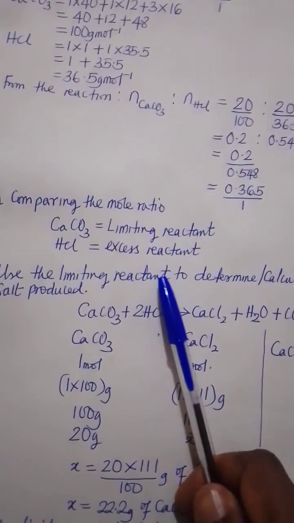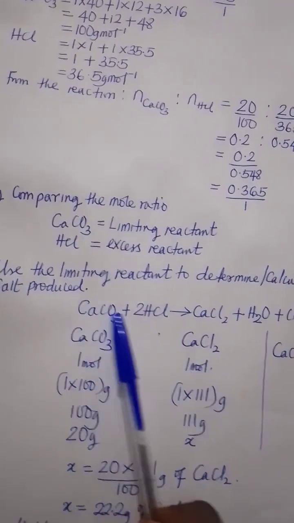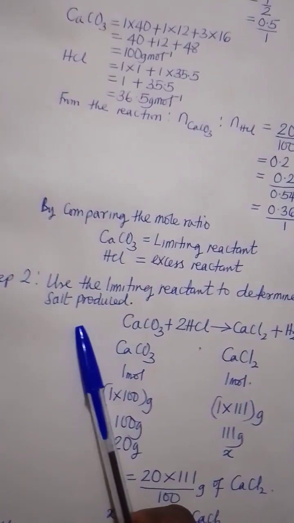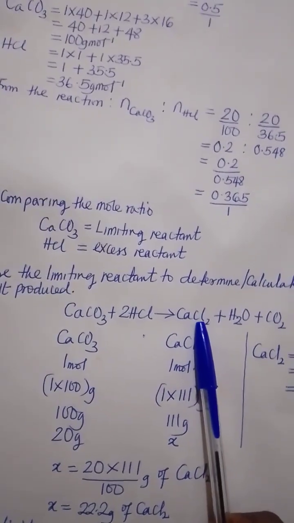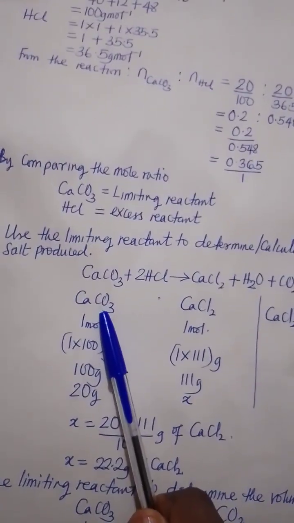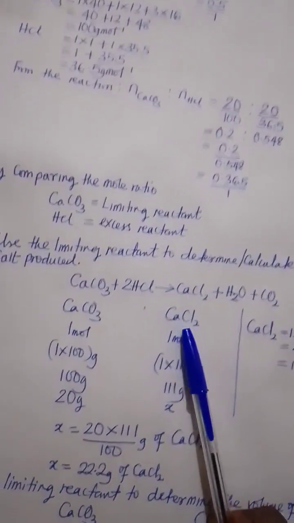Now, since we have determined the limiting and excess reactant, we can use that to determine the mass of the salt produced. The salt produced actually is CaCl2. So we write the limiting reactant, which is CaCO3, and the salt CaCl2.